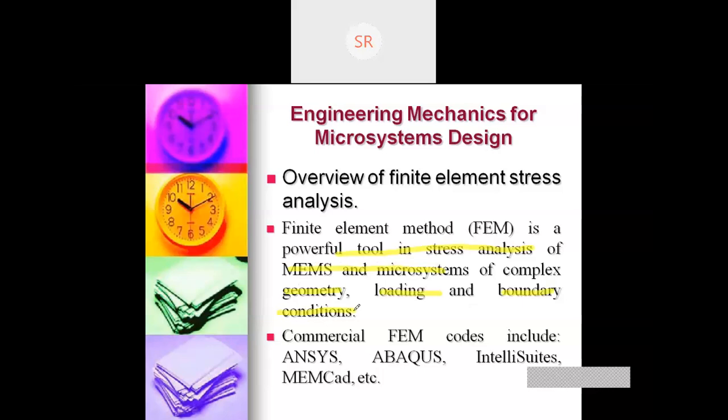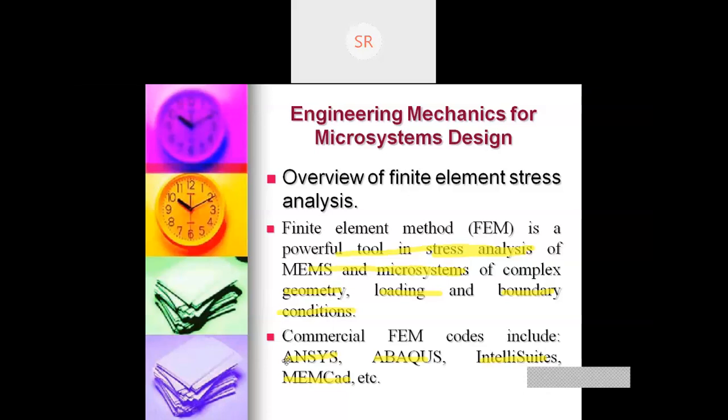That means if my microsystem or MEMS has a very complex geometry, and if it is loaded for various conditions, I can calculate the stress analysis of that particular MEMS and microsystem. Now the commercially available FEM tools include ANSYS, Abaqus, IntelliSuite, MEMCAD. So these are the various FEM tools to calculate this stress analysis.